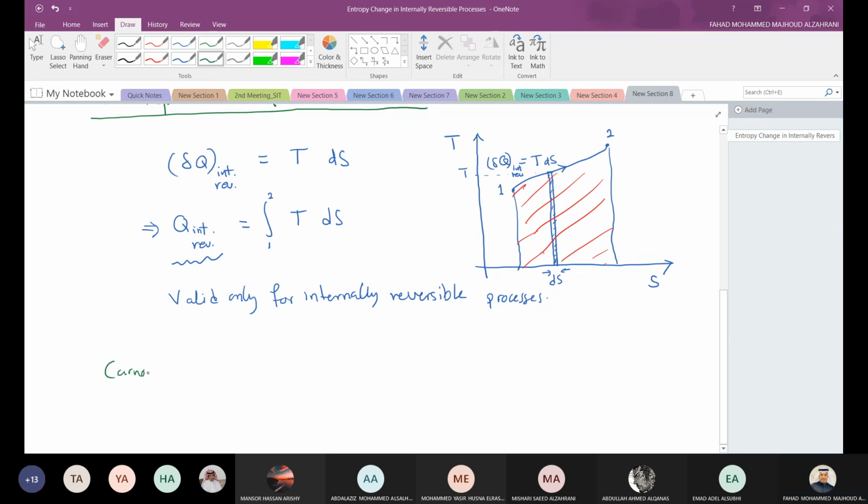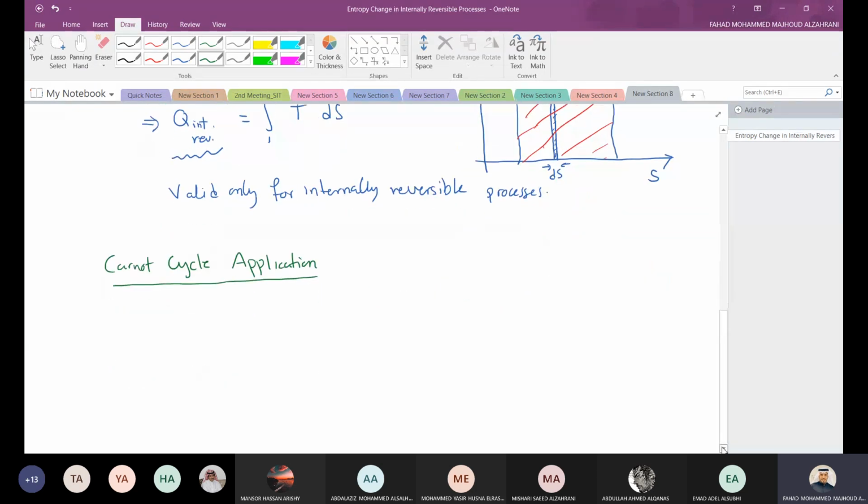Carnot cycle application. If we plot the Carnot cycle, we said it consists of 4 reversible processes, 2 adiabatic and 2 isothermal. If we plot this Carnot cycle in a TS diagram, this is what we get.